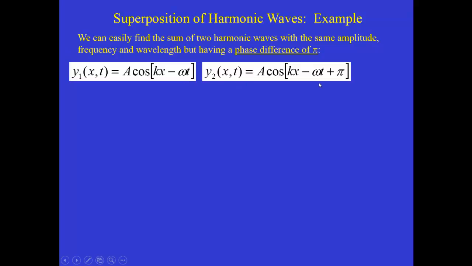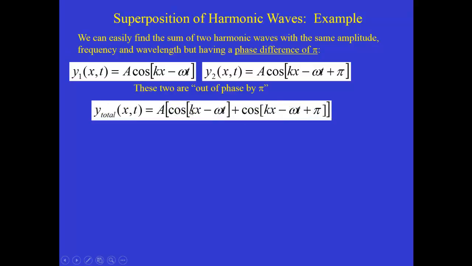The only difference is there's a phase angle of pi, which shifts it by pi radians from wave function 1. So what happens if these two waves travel through the same medium together? By the way, we say that these two waves are out of phase by pi because the argument of the cosine function is sometimes called the phase of the wave.